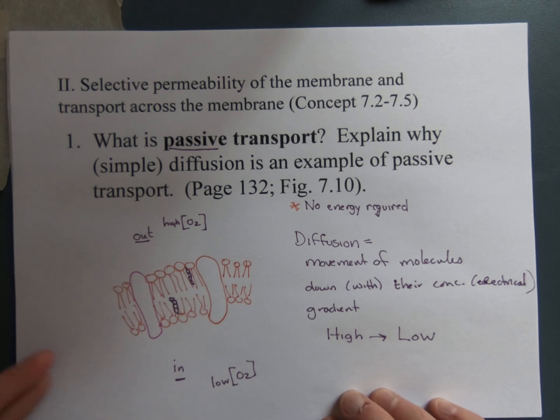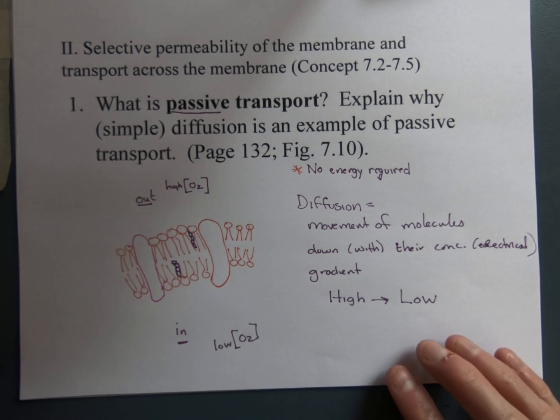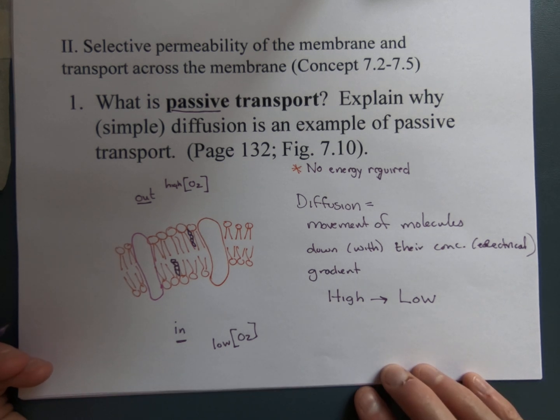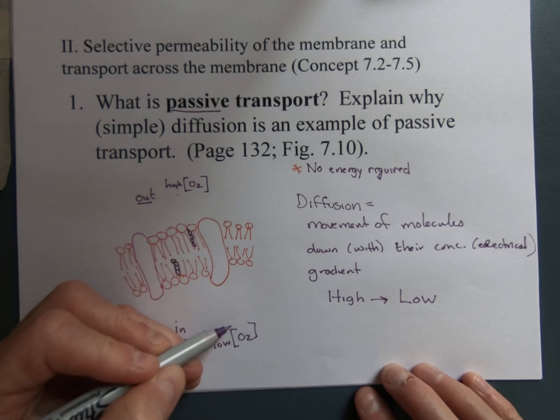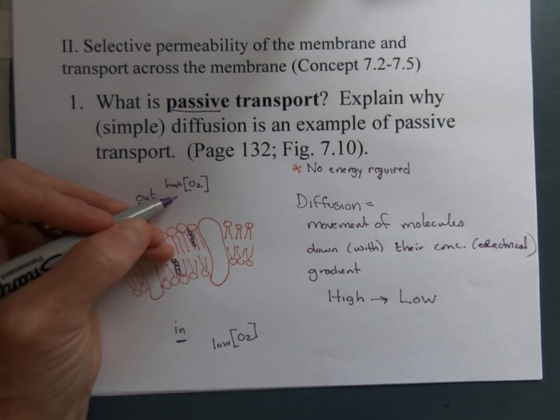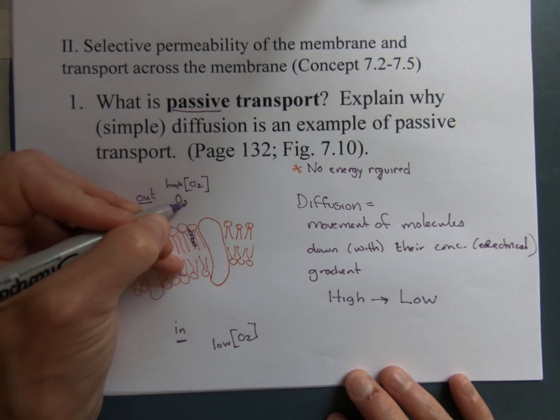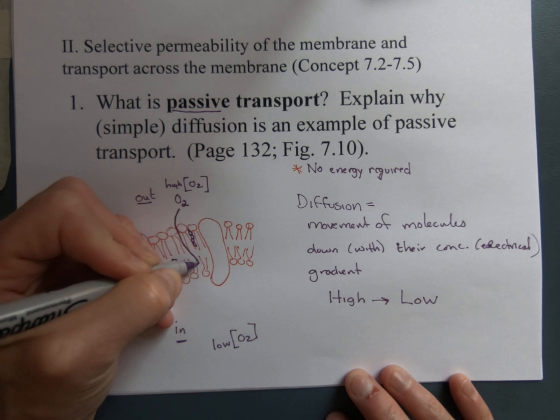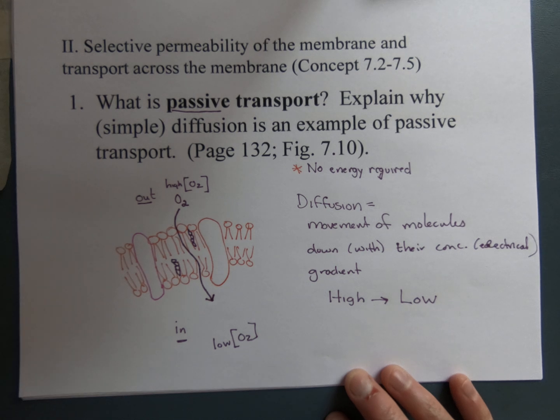Okay, so I maybe have to shift my drawing a minute so you can see that. There we go. Well, which direction will oxygen move by diffusion? Well, it should move from high to low. And it does. And in fact, oxygen is small and it's not charged, and it can directly diffuse across the membrane from areas of high to low concentration.